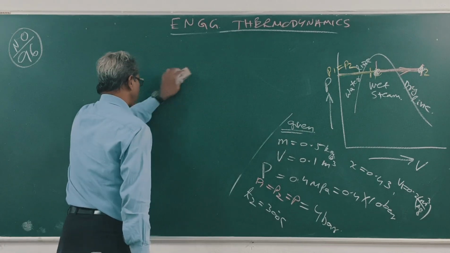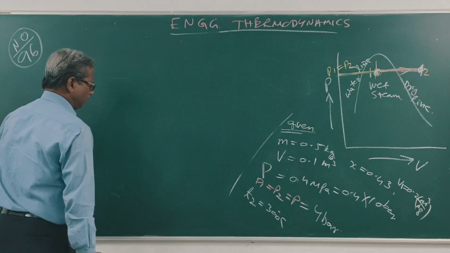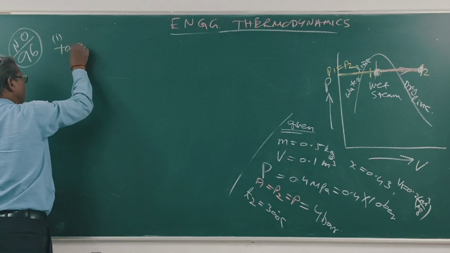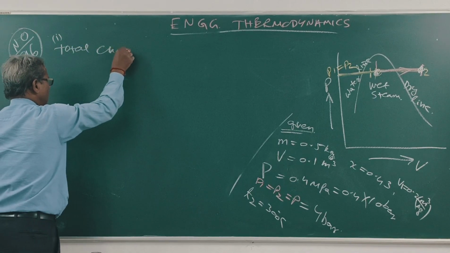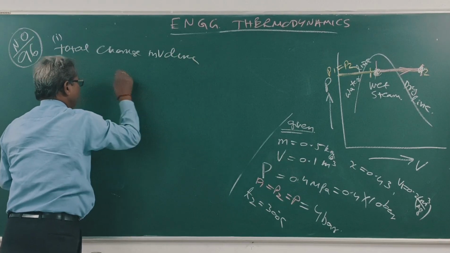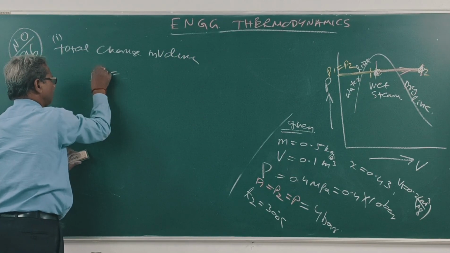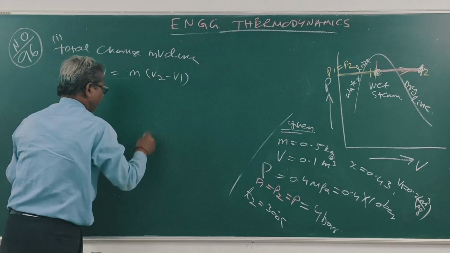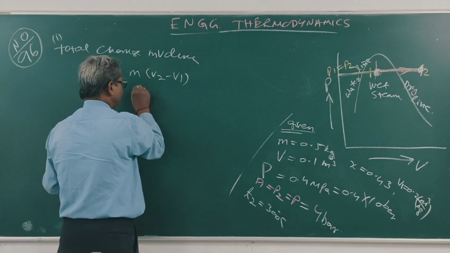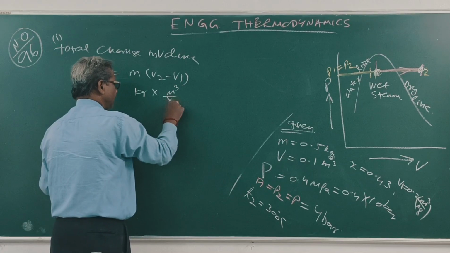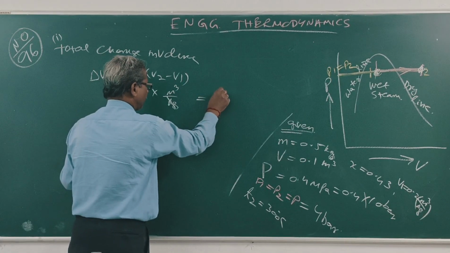Now, total change in volume. Number one, total change in volume: delta V is equal to m into V2 minus V1. M is in kg, V is meter cube per kg, the answer is in meter cube.